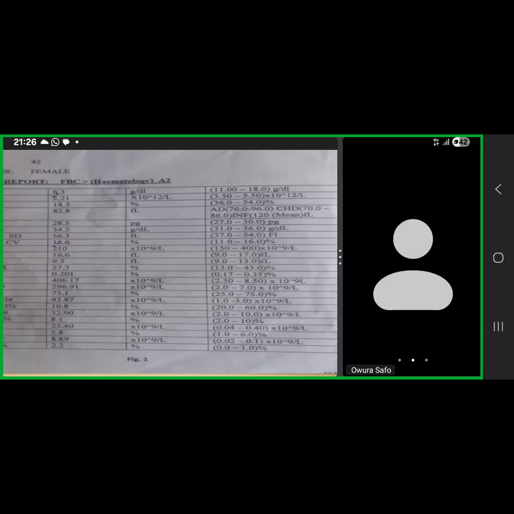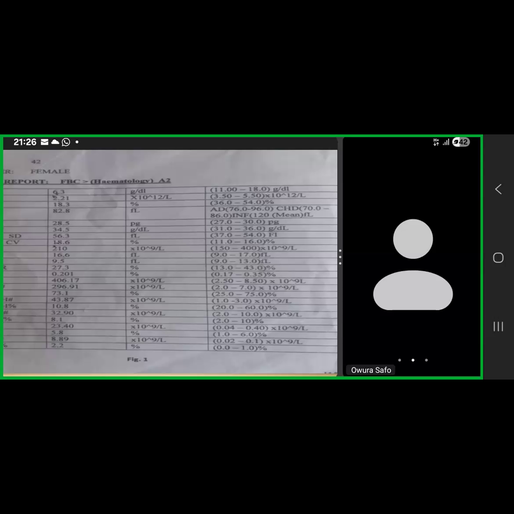What we are seeing is not a normal situation. I'm trying to say, assuming this is a true reflection of the patient, what do you expect to see on the peripheral blood film?